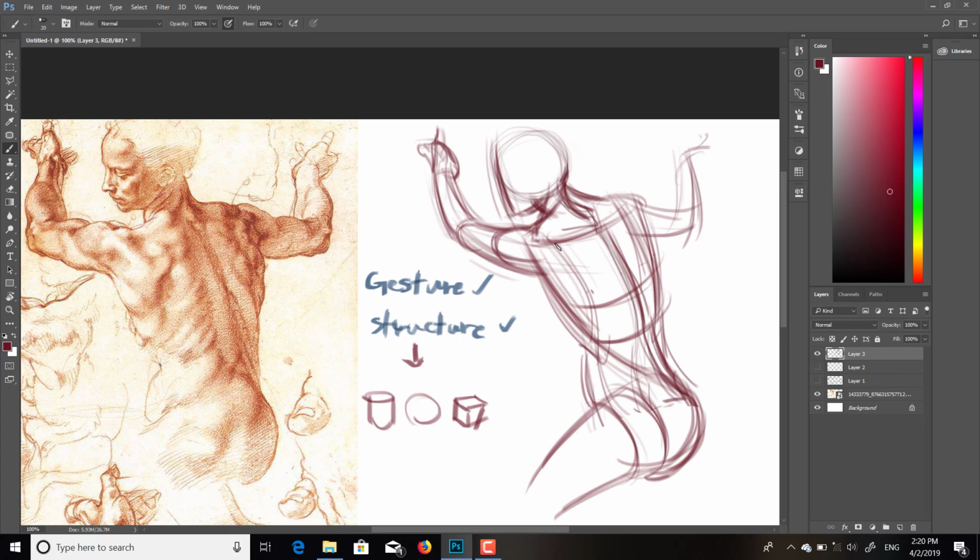Now you see I'm just drawing with simple cylinders.